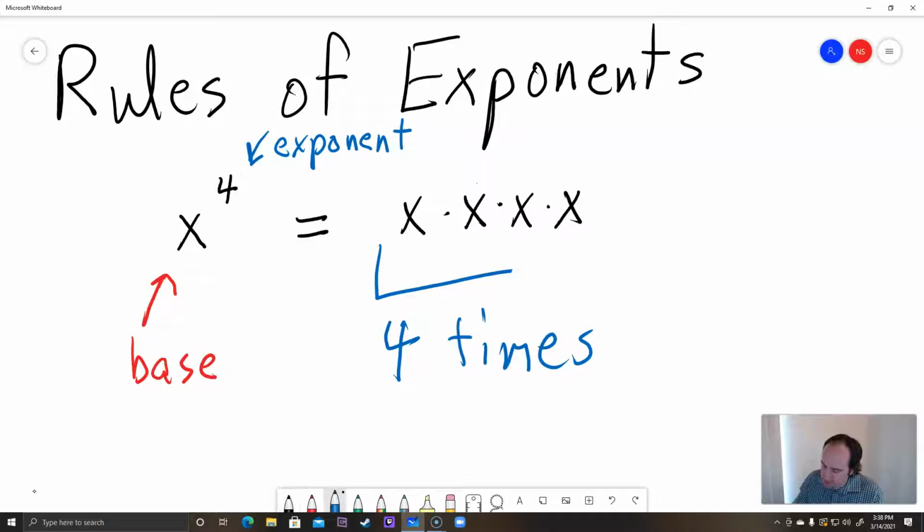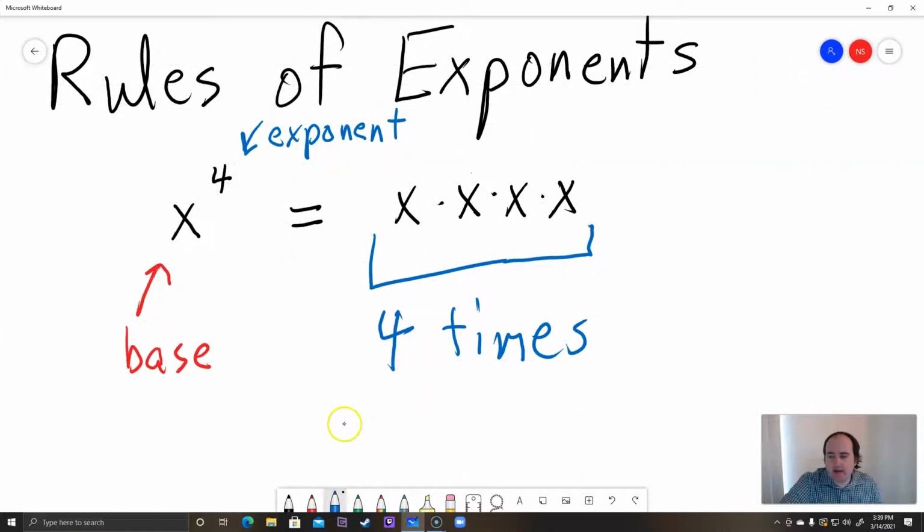A total of 4 x's being multiplied together, which is exactly the same as this number here, the exponent. Okay, so an exponential just means you multiply the base times itself a total of the exponent number of times.